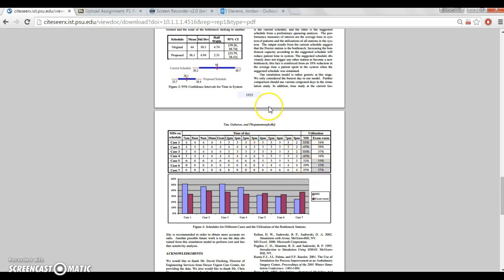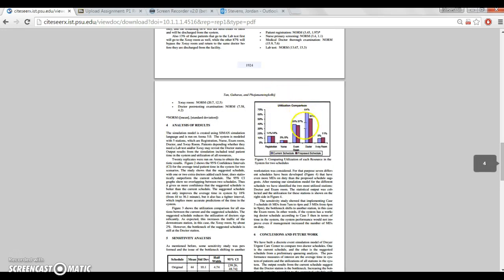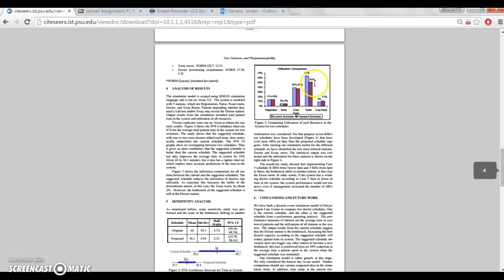So because of that, they know that their bottleneck does not switch because it's under an average of 6 doctors. So they showed that their system decreases the average time in system while also decreasing the utilization, which is what they want to solve the problem.